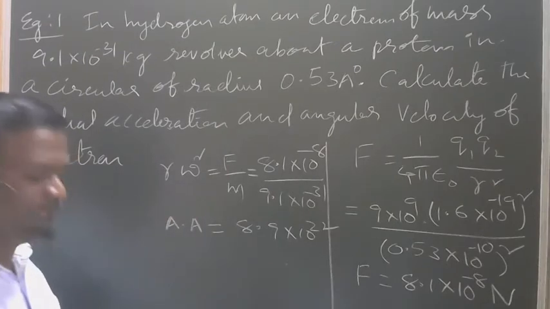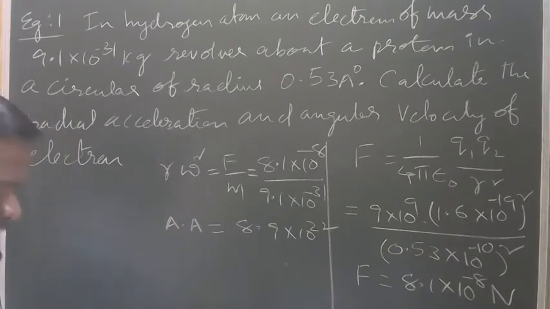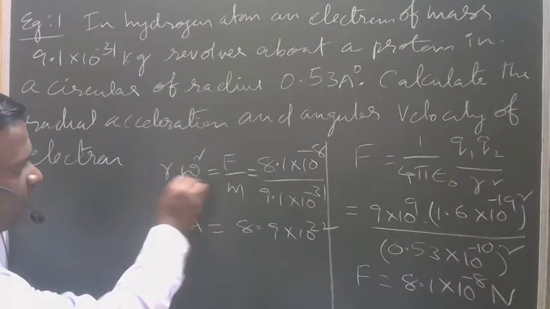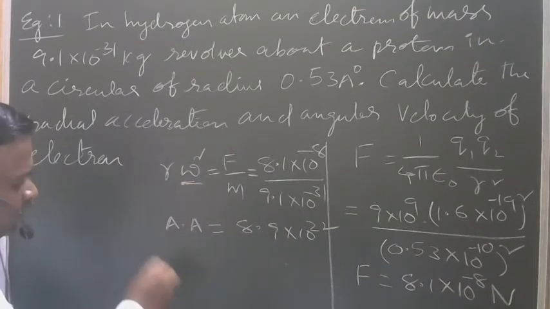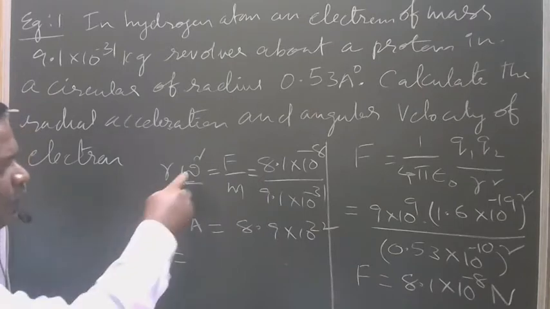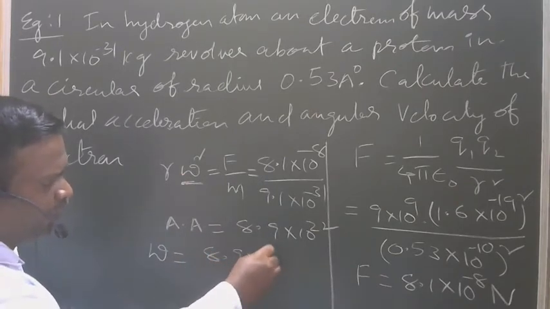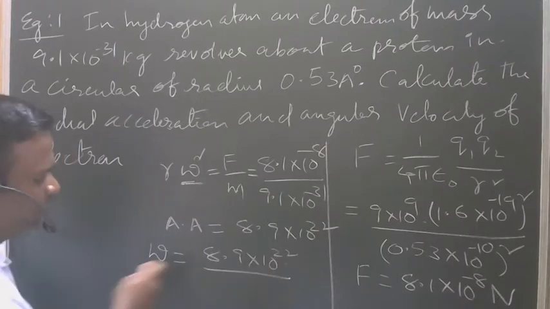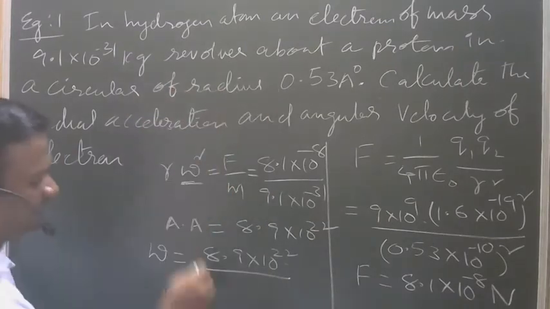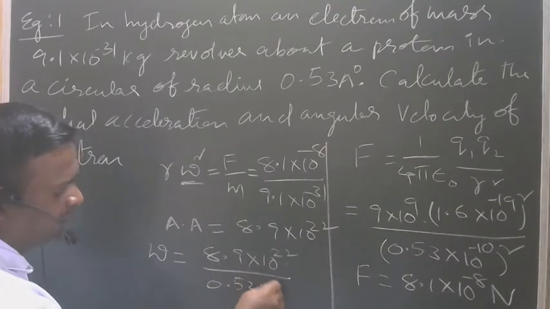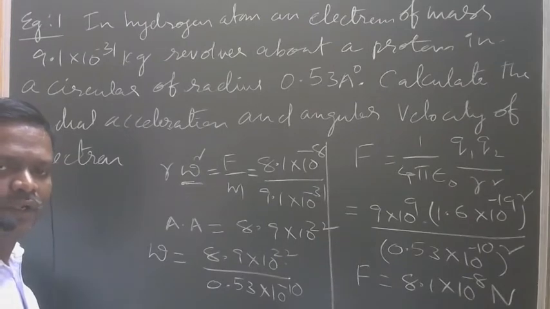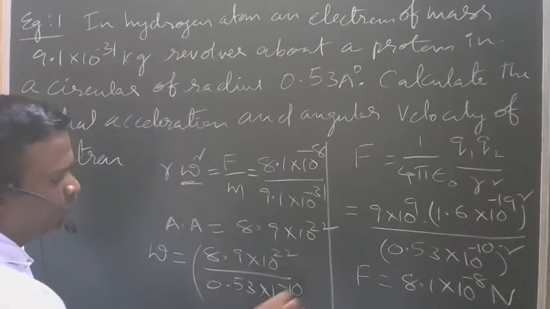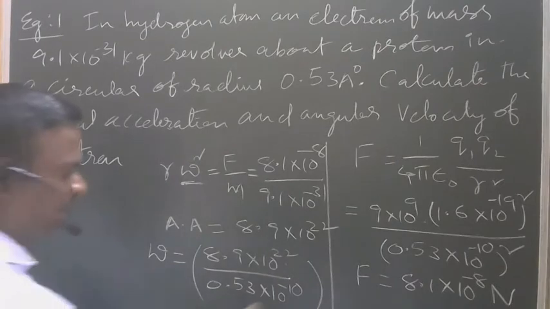But I need not only the acceleration, I also want the angular velocity, omega. So omega squared equals the acceleration divided by r, and omega is the square root of 8.9 × 10^22 divided by the r value, which is 0.53 × 10^-10 converted into meters, whole power half.